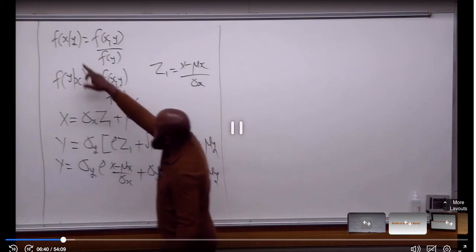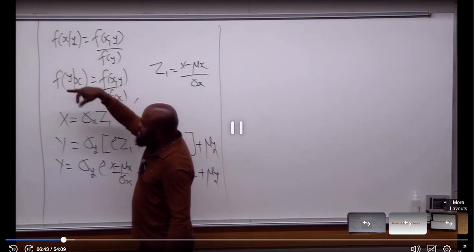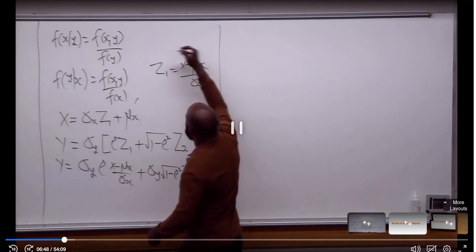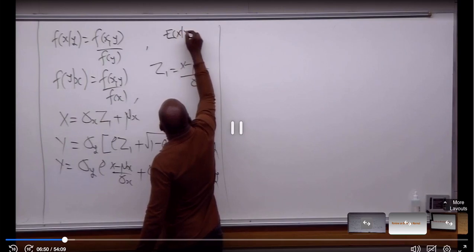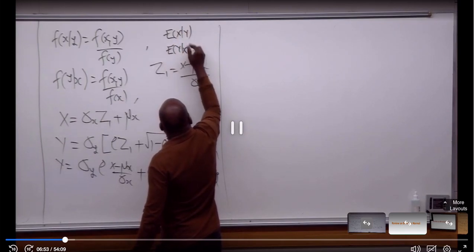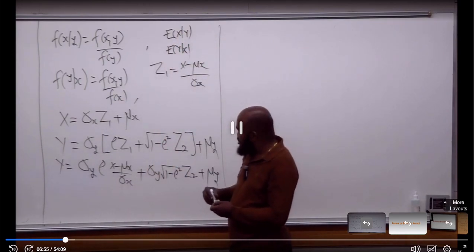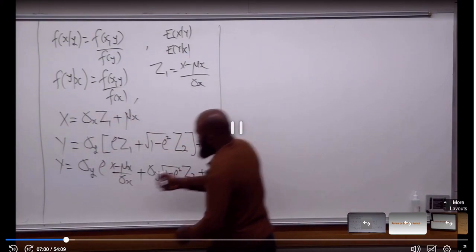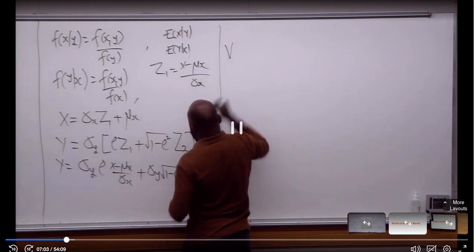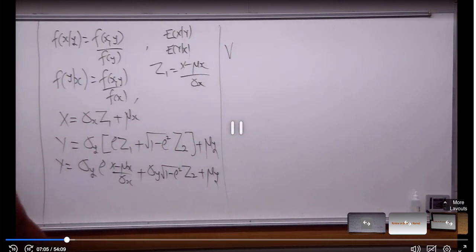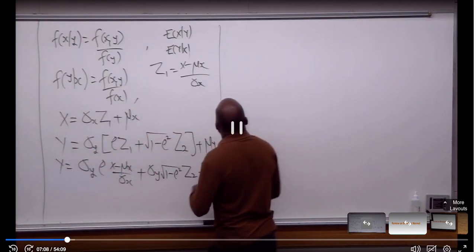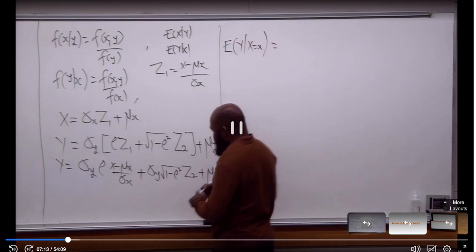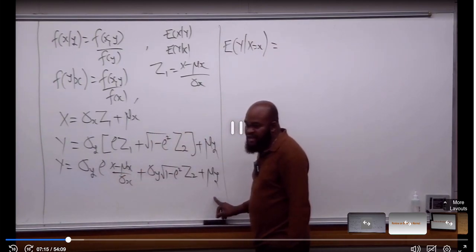Now, if I want to derive any of these, the essence of looking for this is for us to be able to derive what I call conditional means. Just like what I did yesterday, if I want to find the expectation of y given x equal to this, I'm just going to take the expectation of both sides.